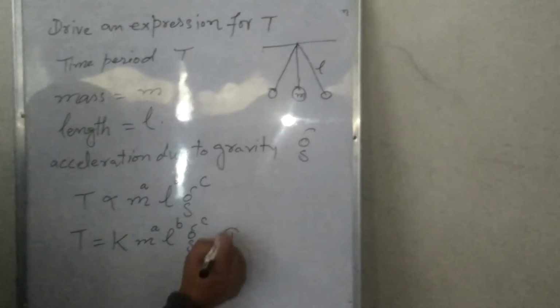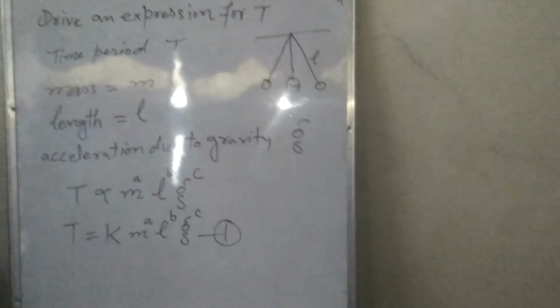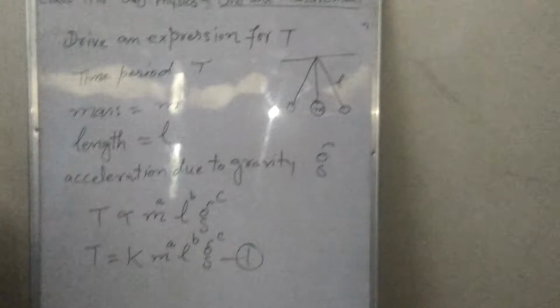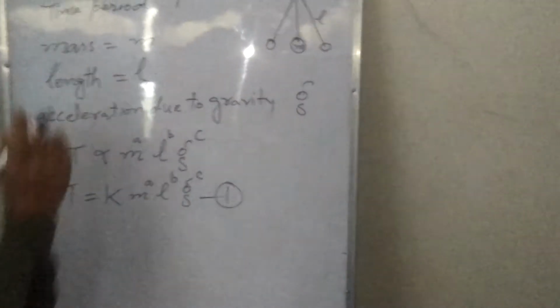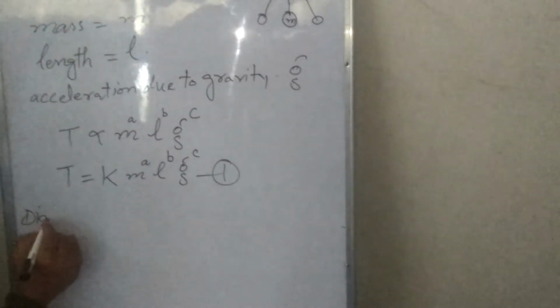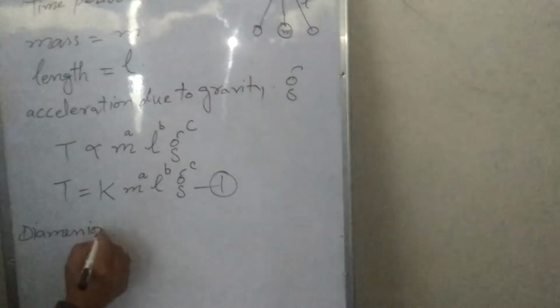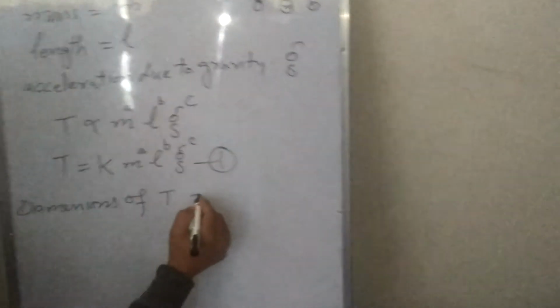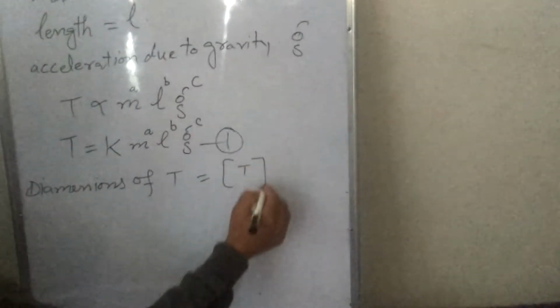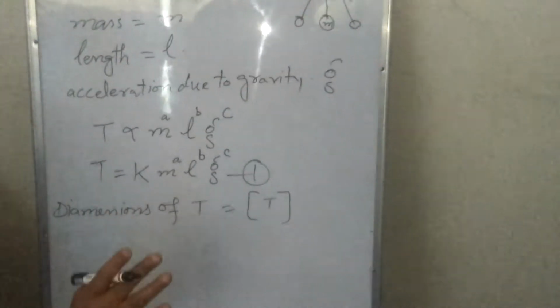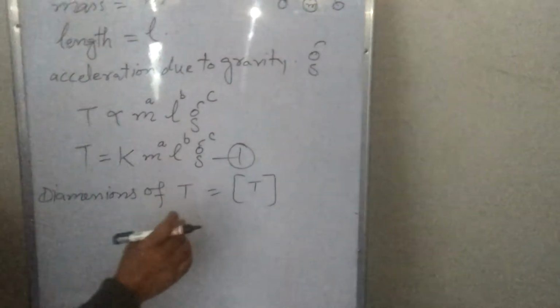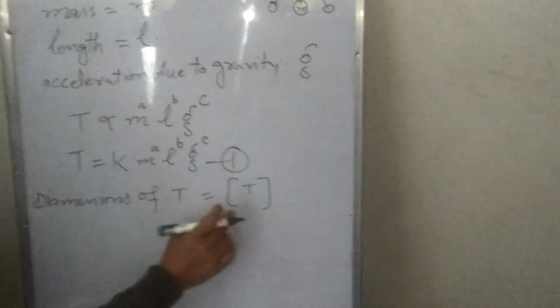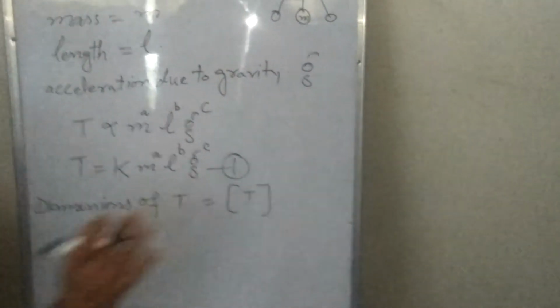This is our relation for the time period of a simple pendulum. Now we will write the dimensions. Dimensions of T are M raised power 0, L raised power 0, T raised power 1.